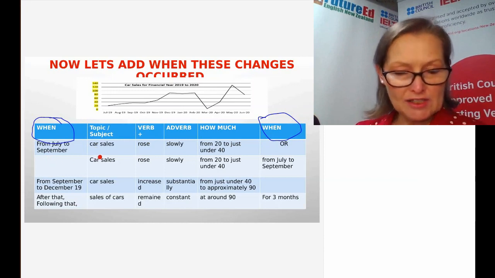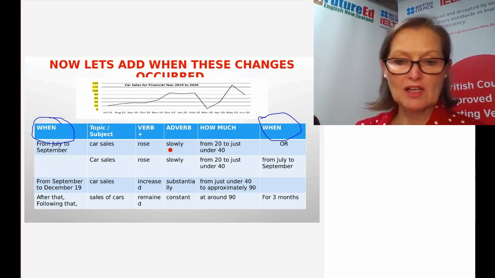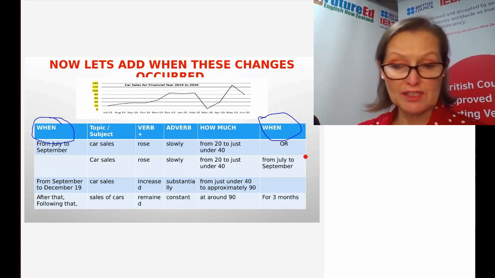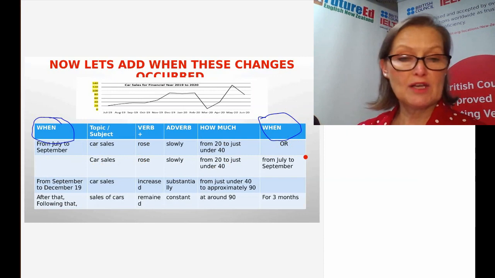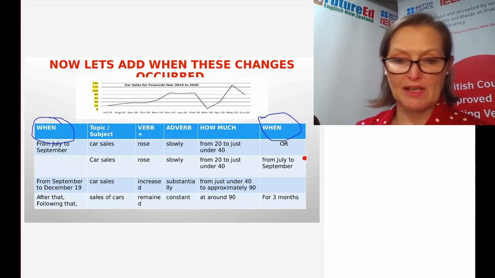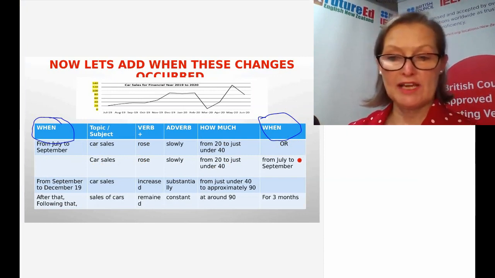From July to September, car sales rose slowly from 20 to just under 40. Or I could say, car sales rose slowly from 20 to just under 40 from July to September. And I can tack that onto the end of my sentence.